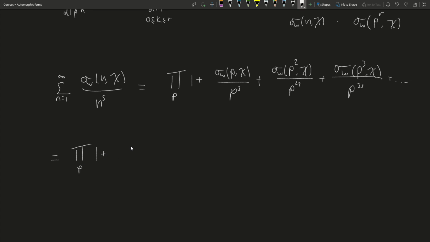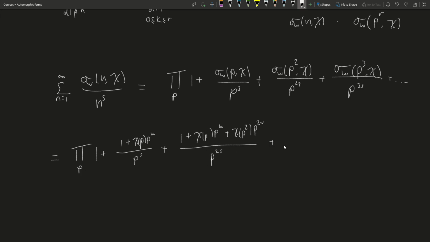This is going to be 1 plus, and then here we have 1 plus chi p times p to the w over p to the s, and then the second term here is going to be 1 plus chi p to the w plus chi p squared p to the 2w all over p to the 2s.